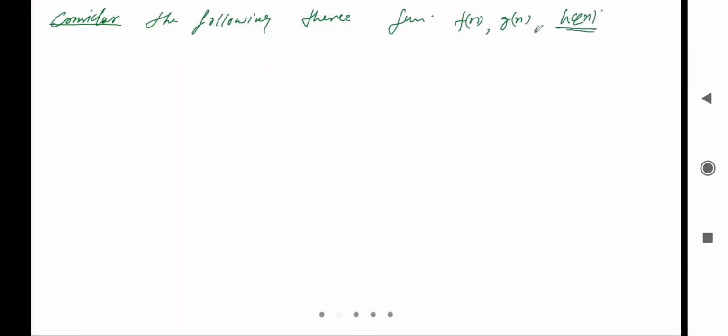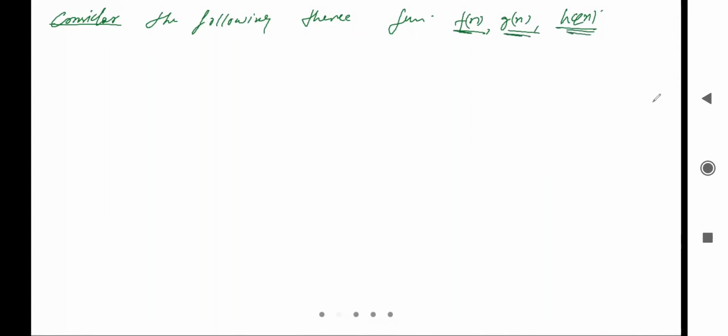Consider the following three functions: f of n, g of n, and h of n.